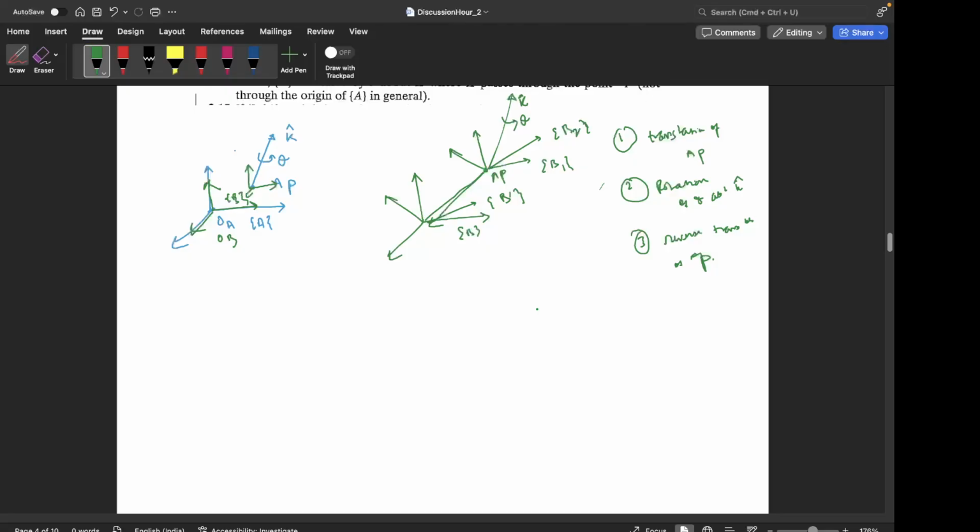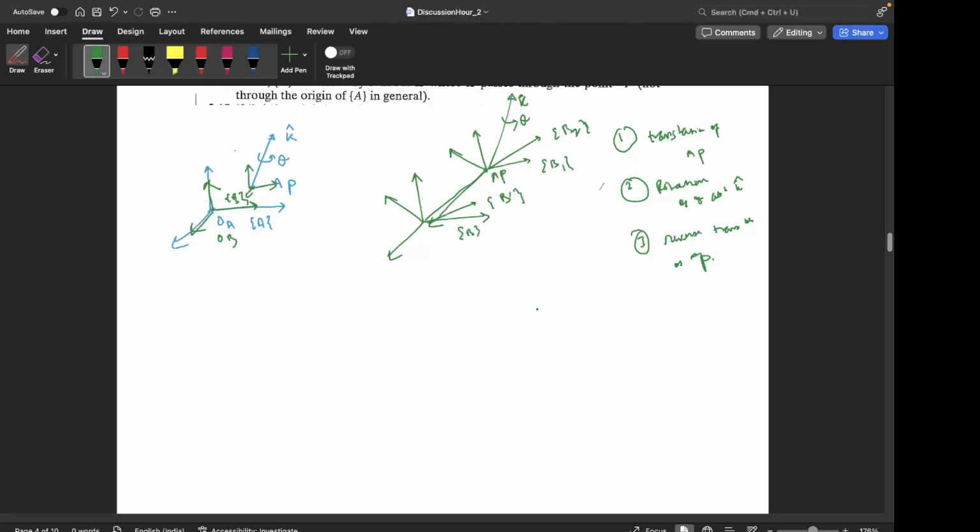Let's say I have a sequence of 3 rotations, because I can make any two frames coincident in 3D space using 3 rotations.